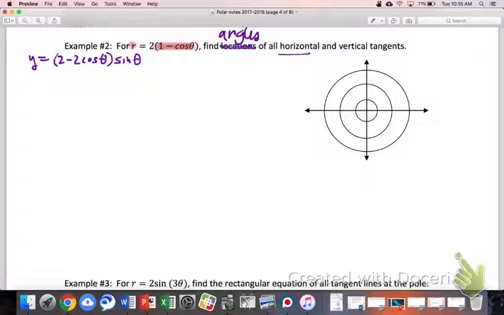Y equals r sine θ. Does that make sense now? Then we do the exact same thing for x. So x would equal 2 minus 2 cosine of θ times cosine of θ. So that's just r sine θ and r cosine θ.